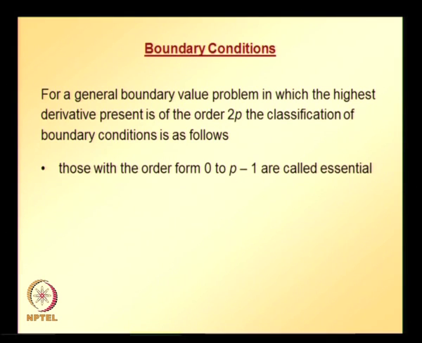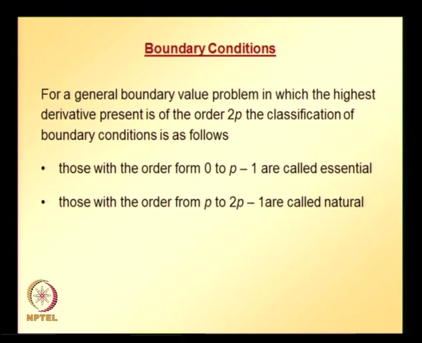Those boundary conditions of order 0 to p minus 1 are called essential. Those boundary conditions of order p to 2p minus 1 are natural boundary conditions. So, this is how boundary conditions can be classified into essential and natural, in case the information about the physical phenomenon which the differential equation is representing is not available.